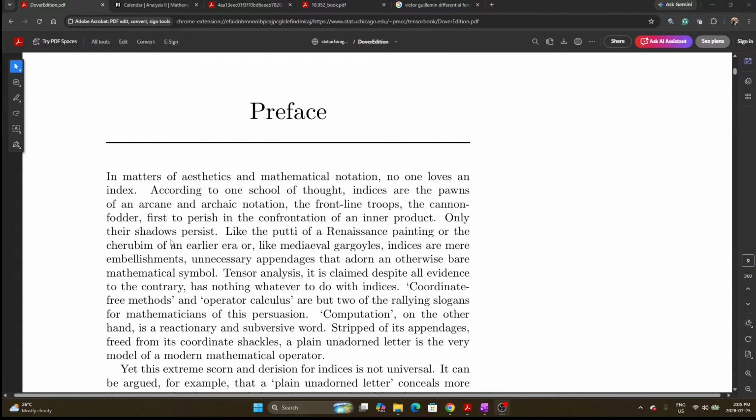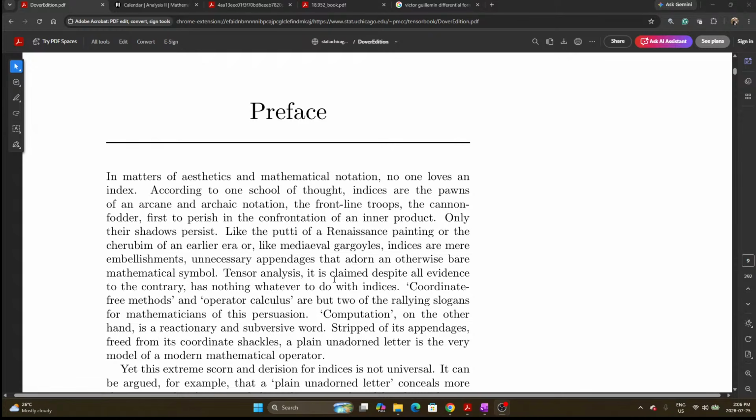Only their shadows persist, like the putti of a Renaissance painting, the cherubim of an earlier era. Indices are mere embellishments, unnecessary appendages that adorn an otherwise bare mathematical symbol. Okay, just big A, big T, right? There's no i, j, k, and all that stuff.